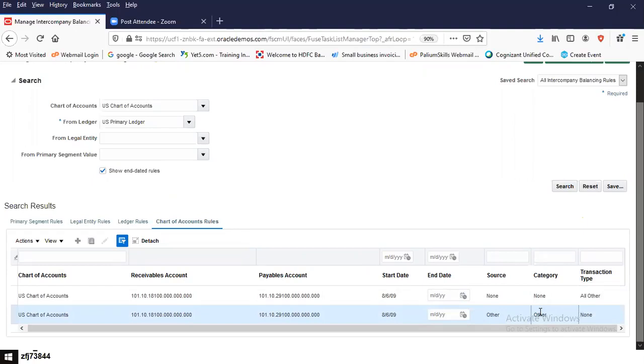So when the source value is others and the category value is others, then the accounting will go into these two accounts. But what happens in case of none? In this particular case, they have set up the same account, but you could optionally have different accounts also.